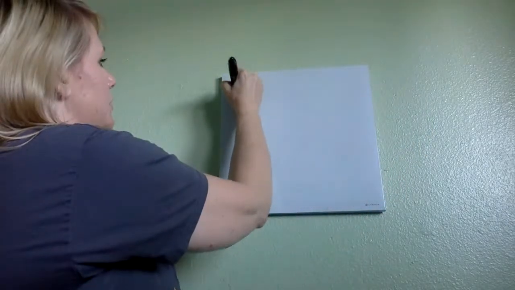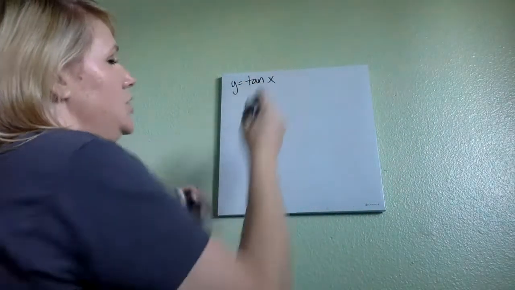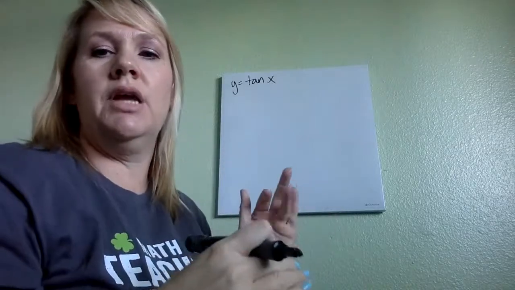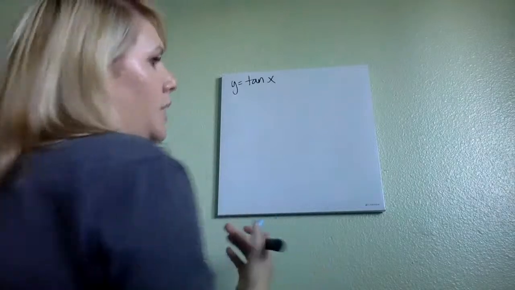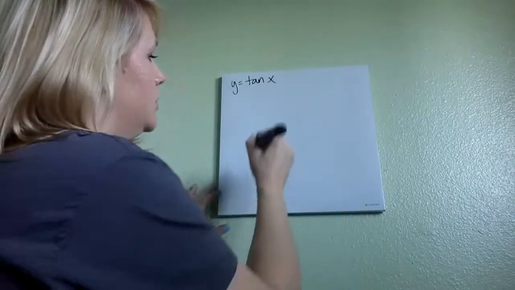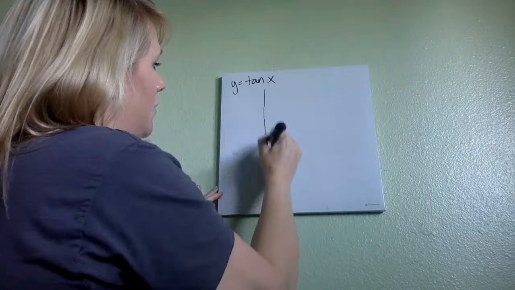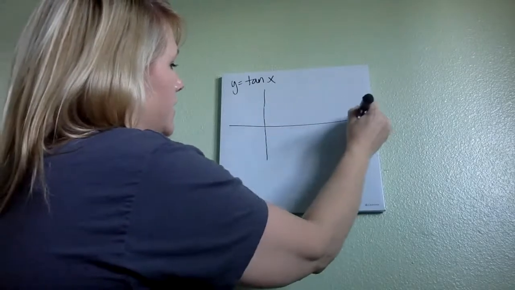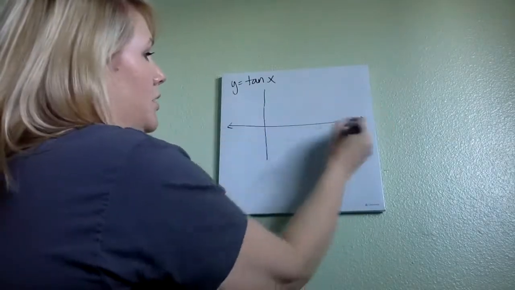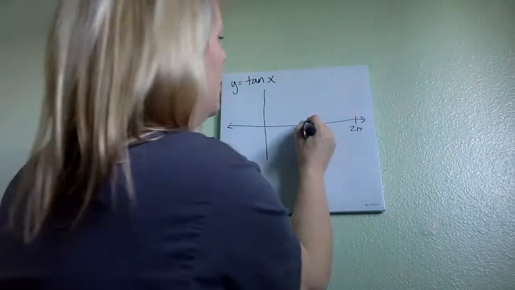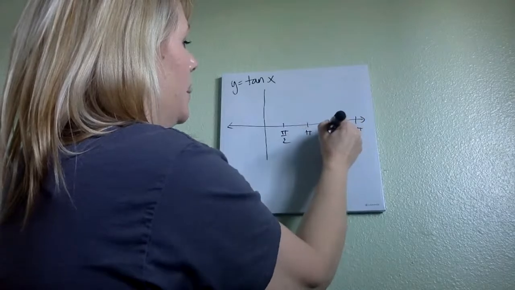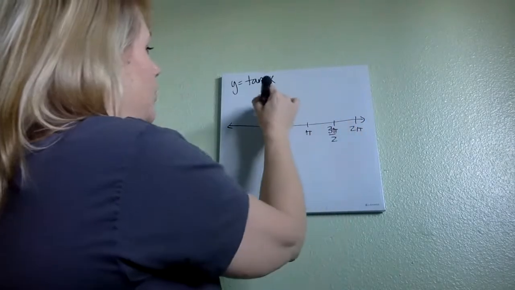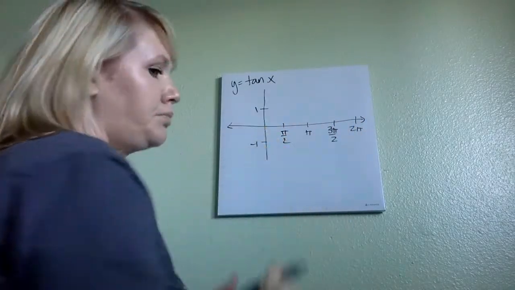So if I'm graphing the tangent function, the tangent and the cotangent look completely different and basically have nothing in common with any of the graphs we've done so far. So that's what I was waiting for them to do last. So if I were to draw my x-axis the way I normally do, with 2 pi out here, pi over 2, 3 pi over 2, and then 1 and -1.